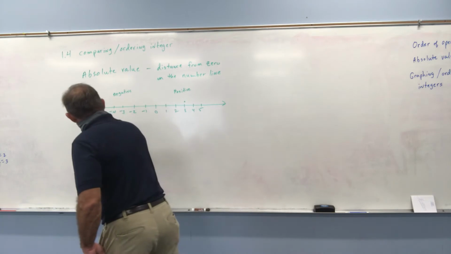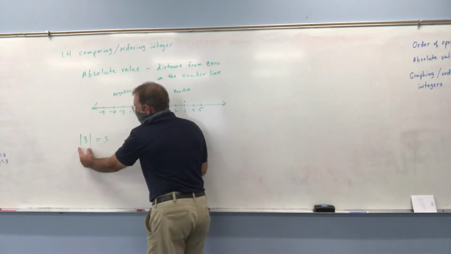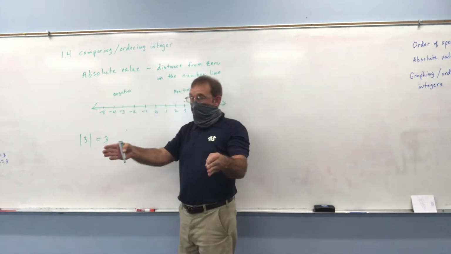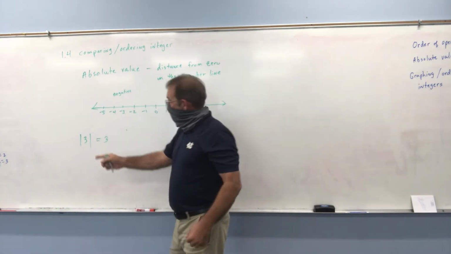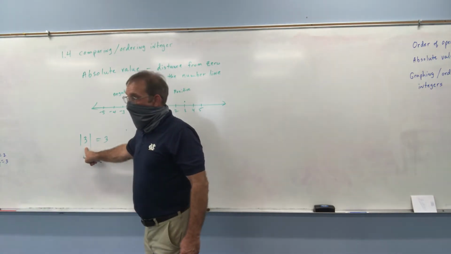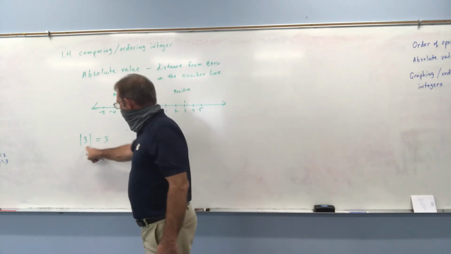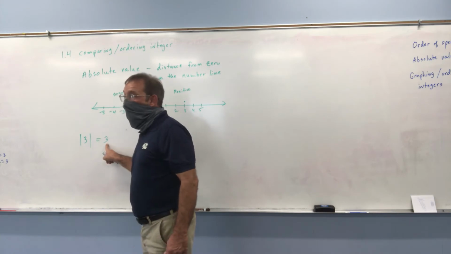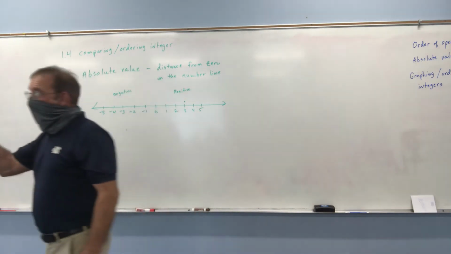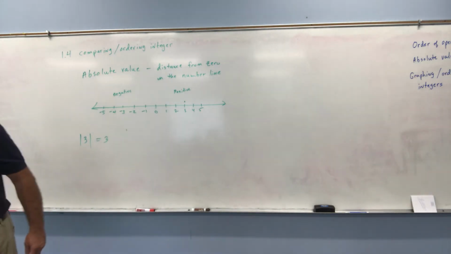So the absolute value of 3, and by the way, I didn't say it, but these are called absolute value bars. They're just 2 vertical lines. And we read this, the absolute value of 3. Okay? And what is the absolute value of 3? 3. Why? Because 3 is 3 units away from 0 on the number line. Does that make sense?